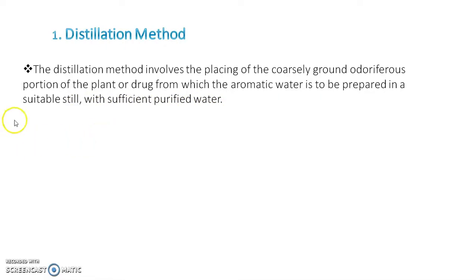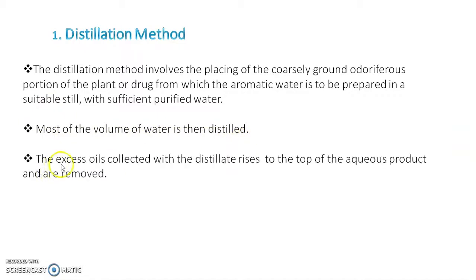In this distillation method, we place the coarsely ground portion of the plant or the drug into the suitable container, and in this we put a little bit of water. Most of the volume of water is then distilled, and the excess of oil collected with the distillate rises to the top of the aqueous product and is removed.